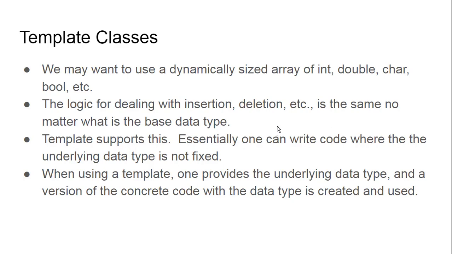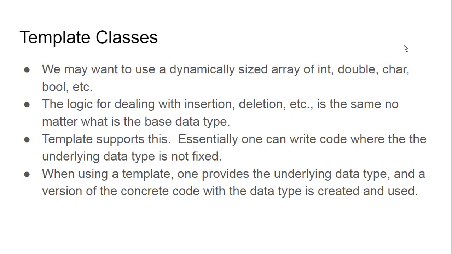If I'm doing an int array, then all of the elements will be int. If I'm doing a double array, all the elements will be double. But when I'm writing the code for this dynamic size array, the type is not fixed. So I use a sort of variable that can take the value of these basic types in my code. So then this is a template.